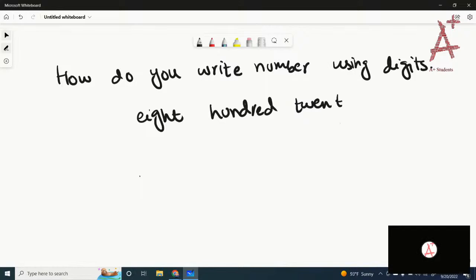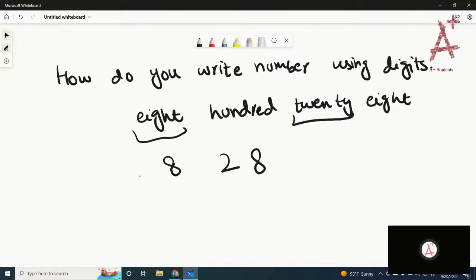As we are pronouncing 800, that means the digit that is at the hundred place is 8. Then the digit that is at the tens place is 20, so it is 2. And then the digit that is at the ones place is 8. So the number is 828. You are given two options. Select the correct option and then click on the OK button.